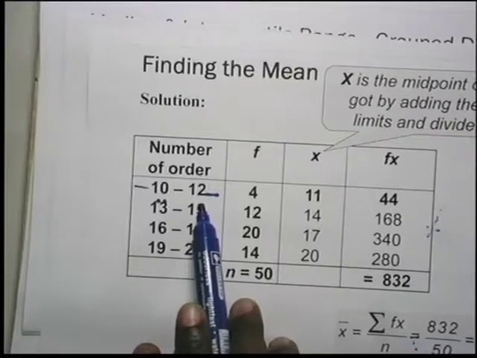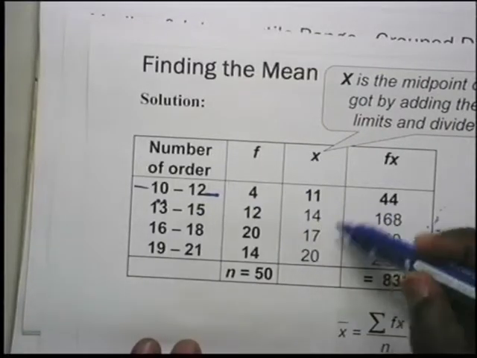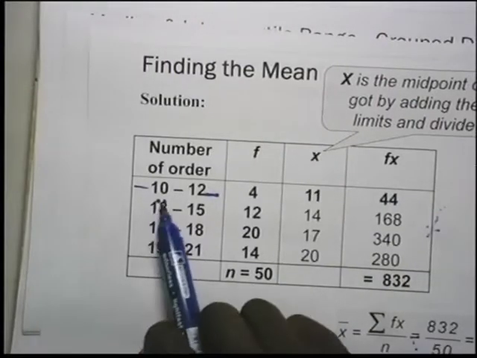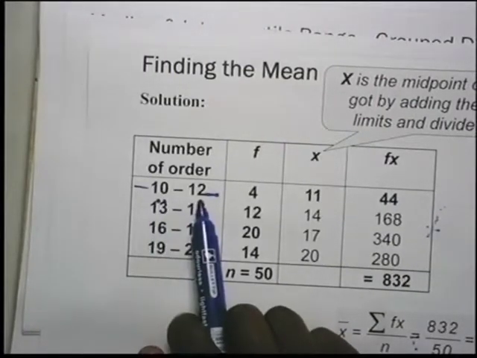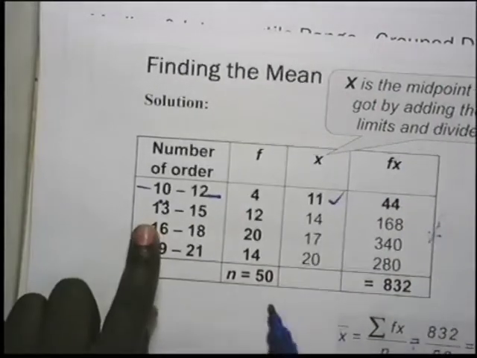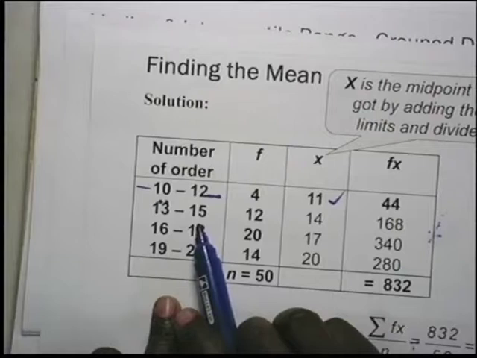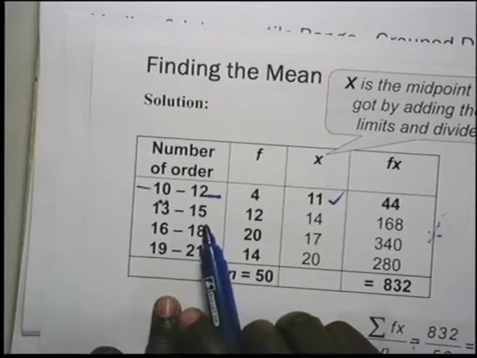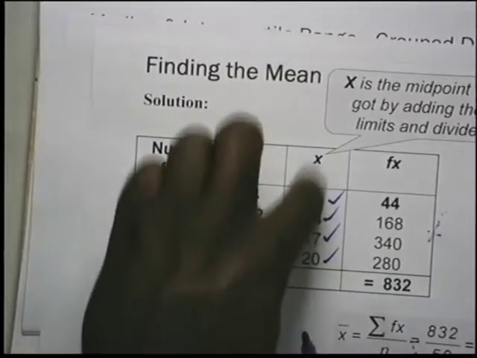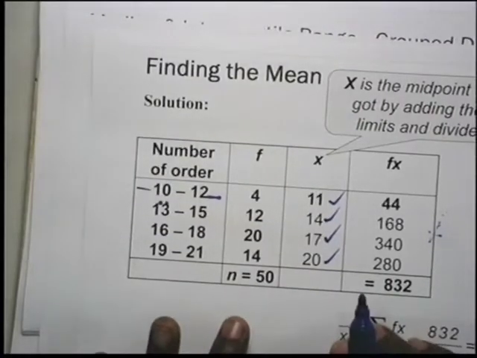That will give us the midpoint, which I will call X. So 10 plus 12 is 22, divided by 2, we get 11. And 13 plus 15 is 28, divided by 2, we get 14, and so on. This is the midpoint.